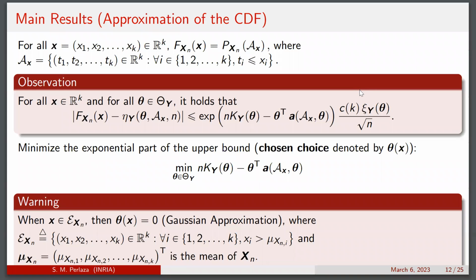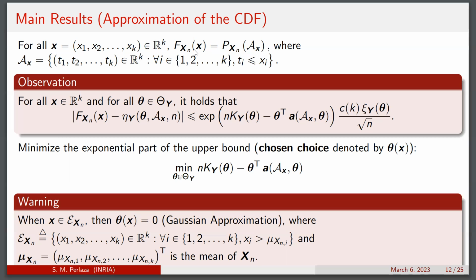So what we promised is an approximation of the CDF, and so far we have shown an approximation of the measure. So how does this connect? Suppose that we want to evaluate the CDF at this point vector x. What we do is construct a set that we call Ax, which is essentially the product of intervals of the form minus infinity up to x1, Cartesian product minus infinity to x2, and so on.